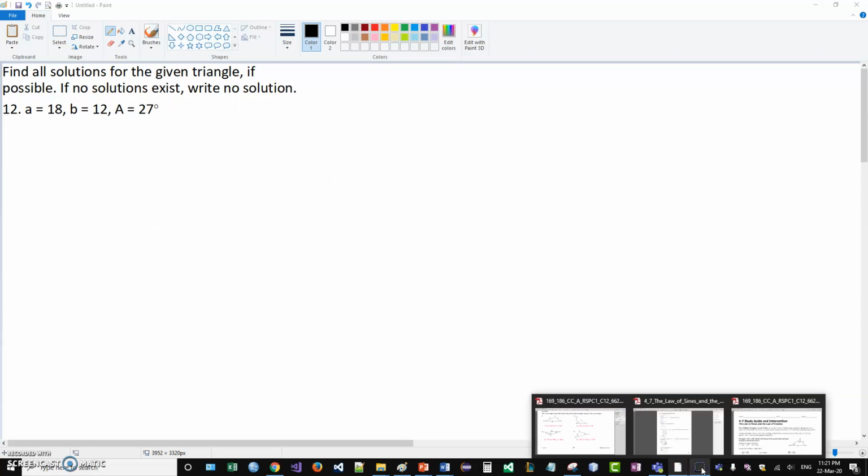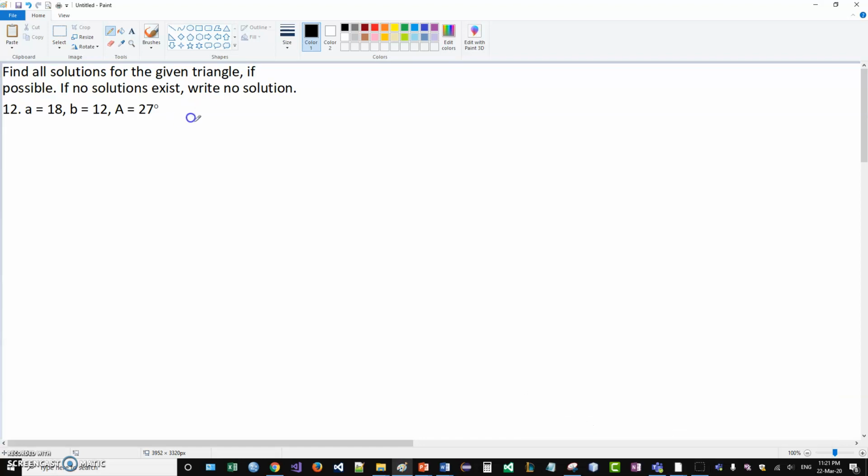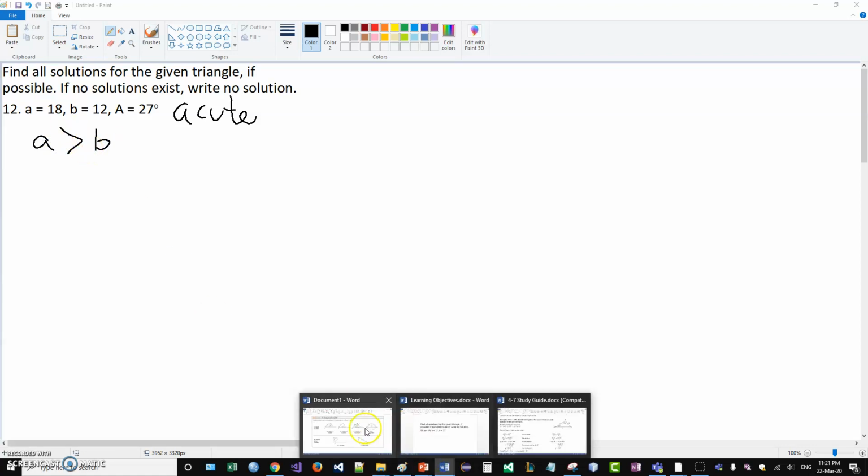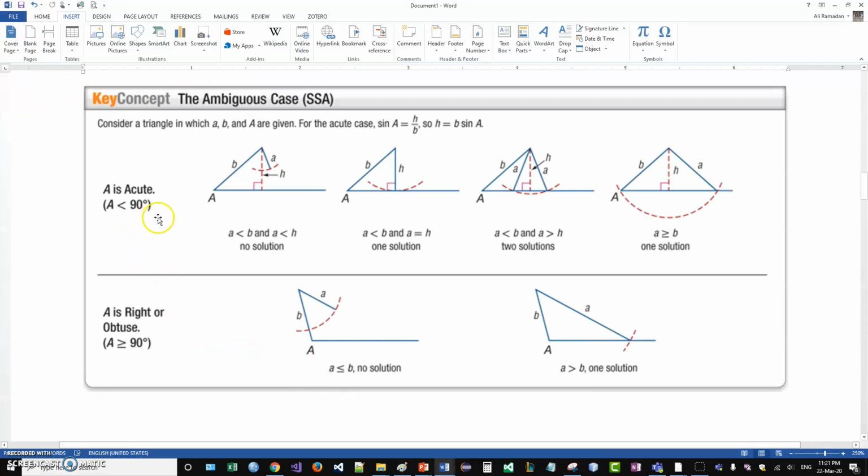Alright, let's look at another example, number 12. We have A equals 18, B equals 12, and angle A 27. Obviously, angle A is acute and A is greater than B. So for acute angles and when A is greater than or equal to B, we have one solution.